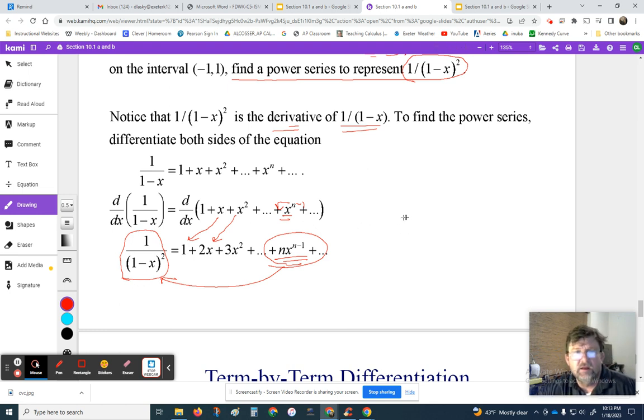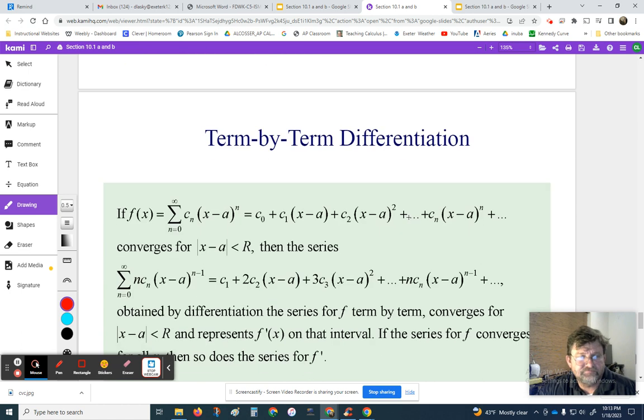Now, I'm looking at this one here, term by term differentiation, and it's too formula-y for me, so I haven't been able to look at it as much as I wanted to.